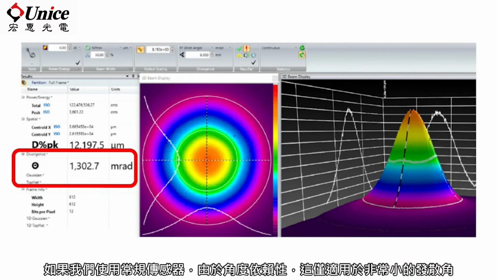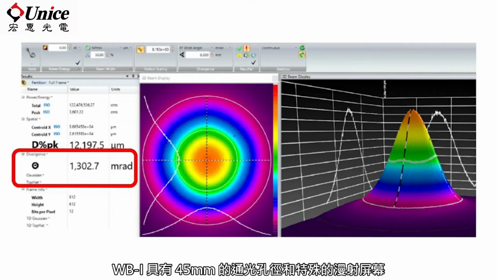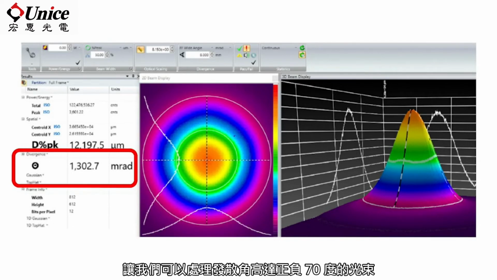If we used a regular sensor, this would only be possible for very small divergence angles because of the angle dependence. The WBI, with its 45mm clear aperture and special diffusive screen, lets us work with beams whose divergence angle is up to plus or minus 70 degrees.